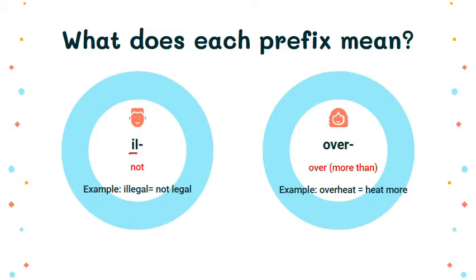The prefix ill means not also. For example, illegal means not legal. And the prefix over means over or more than, as in overheat means heat it more or heat it over.